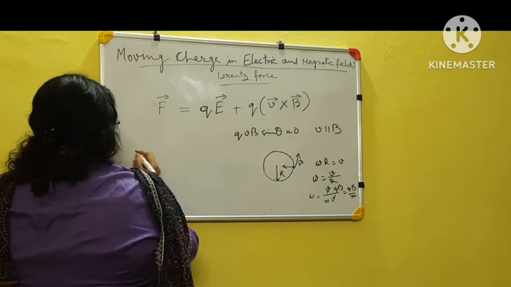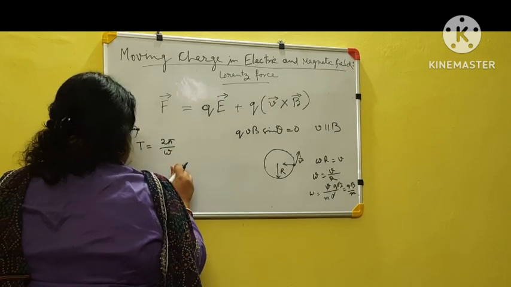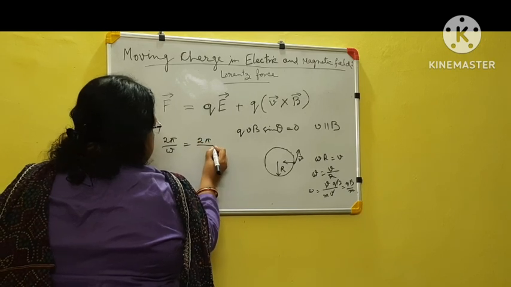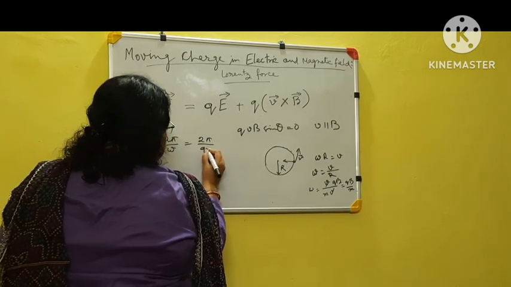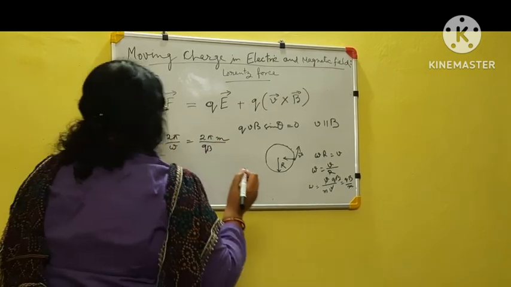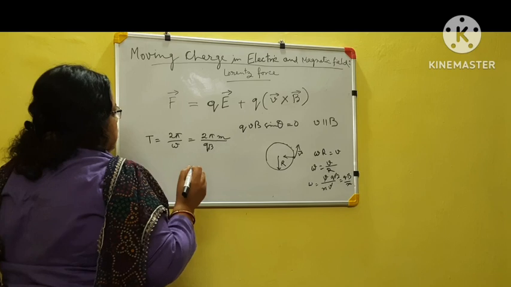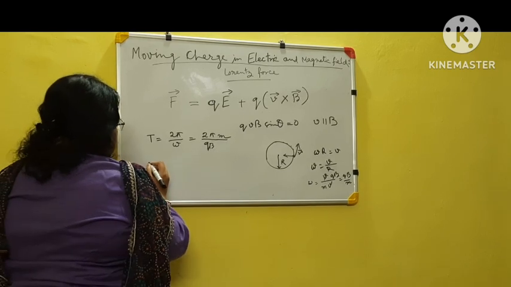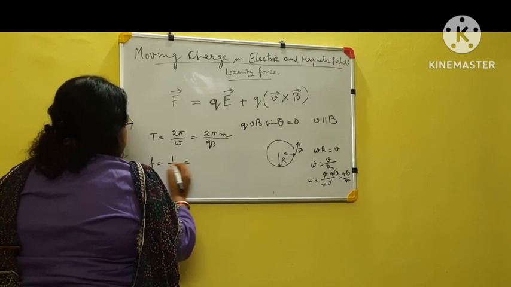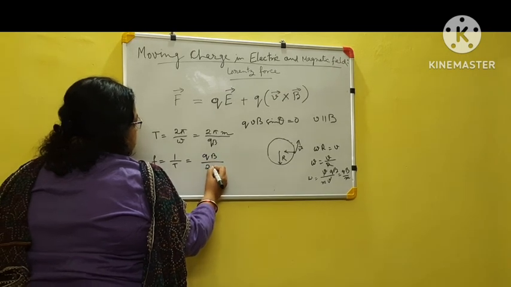Time period T is equal to 2 pi by omega, that means equal to 2 pi m by qB. That is the time period of revolution of the charged particle in the circular path. Or we can calculate frequency of revolution. Frequency of revolution means 1 by T, that will be equal to qB by 2 pi m.